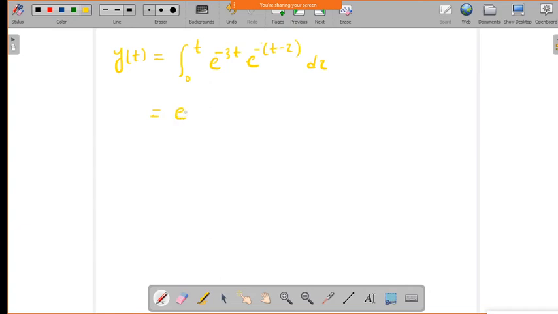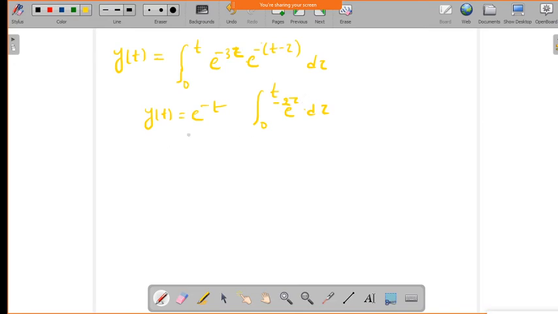Then inside it is e power tau d tau. So y of t will be e power minus t outside, and e power minus 3 tau with e power plus tau becomes e power minus 2 tau.